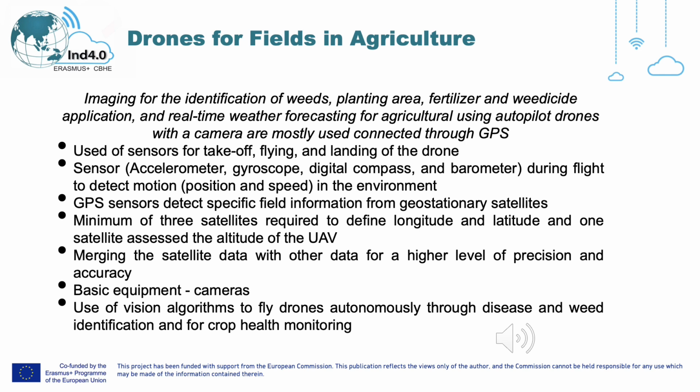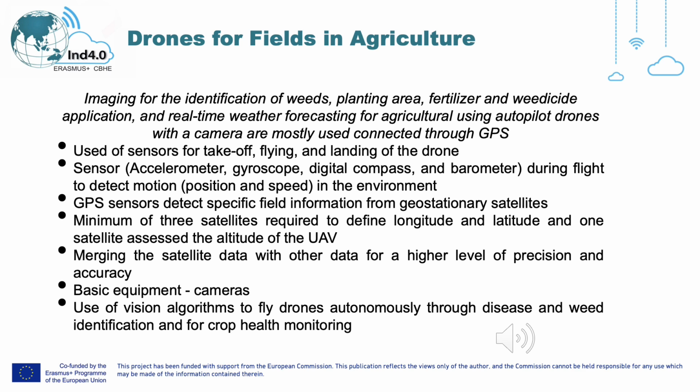Sensors like accelerometer, gyroscopes, digital compass, and barometer help the drone during the flight to detect motion, that is the position and speed in the environment. These GPS sensors detect specific field information from geostationary satellites.